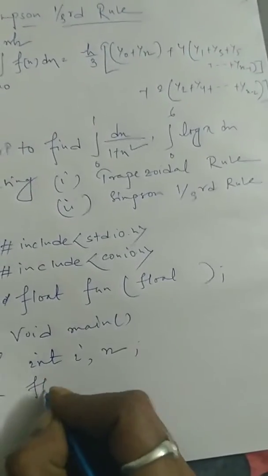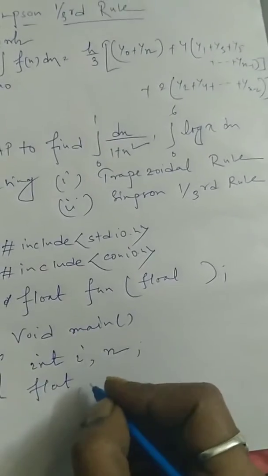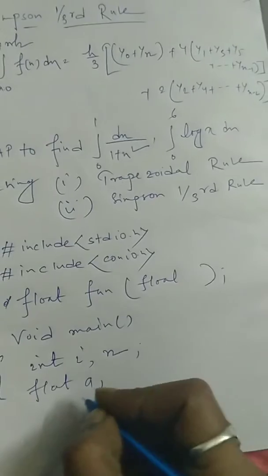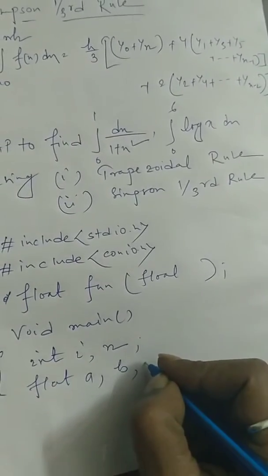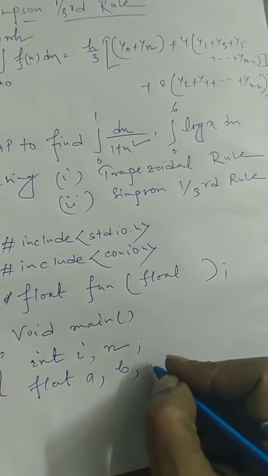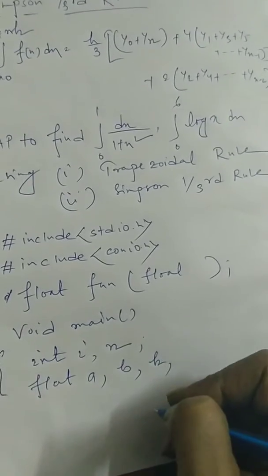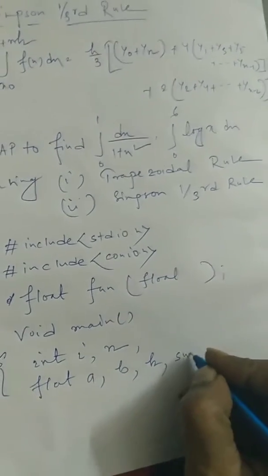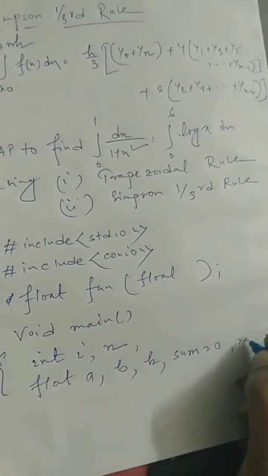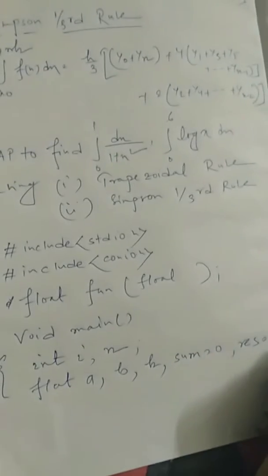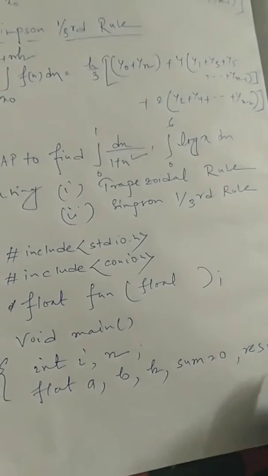Next we take the float type: a for the lower limit, b for the upper limit. Then we have to calculate h. Then we take sum equals to 0 and res equals to 1; we take res equals to 1 to avoid garbage values.